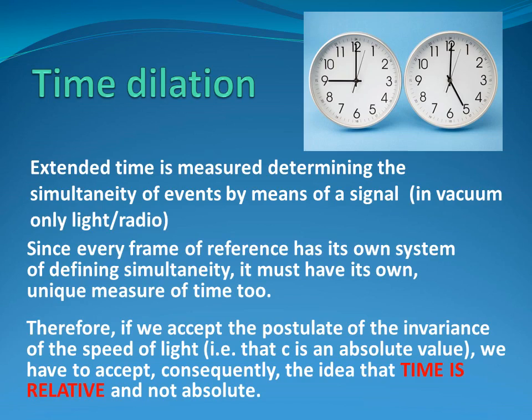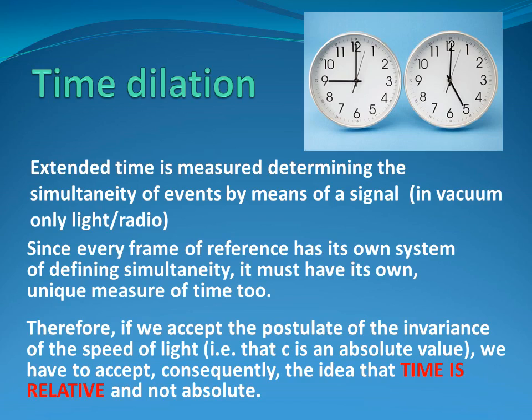Therefore, if we accept the postulate of the invariance of the speed of light, which has as a consequence the fact that every system has its own system of defining simultaneity, we have to accept that time is relative to every reference frame and not absolute.